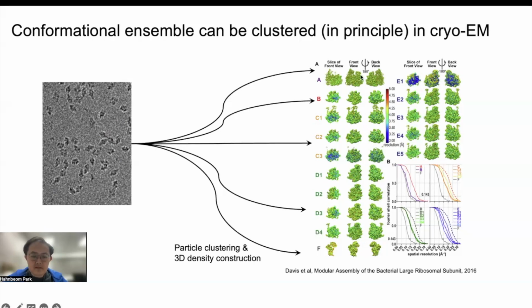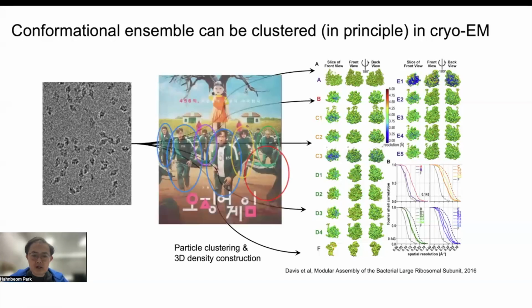But recently, some techniques are being developed, and there are also cryo-EM structures that contain more than a single model in a single PDB file. The way this works is, as we explained, that this cryo-EM 2D image is just a snapshot of frozen protein structures, and each protein has a different pose like this. If you can carefully classify this, you can group these.